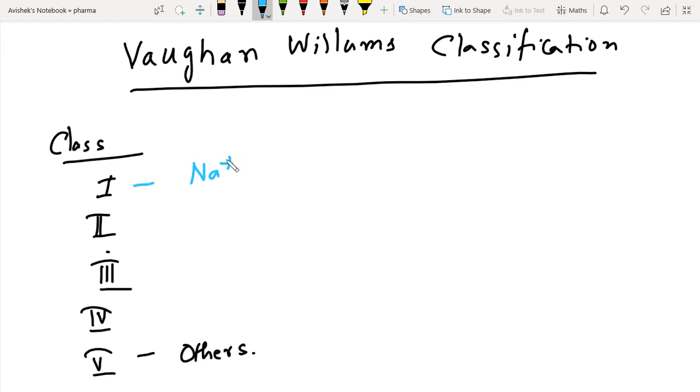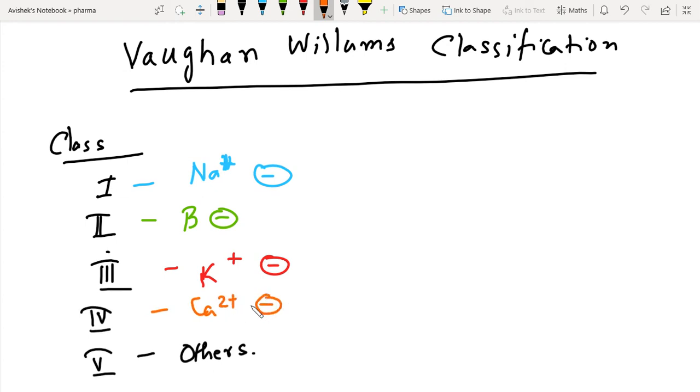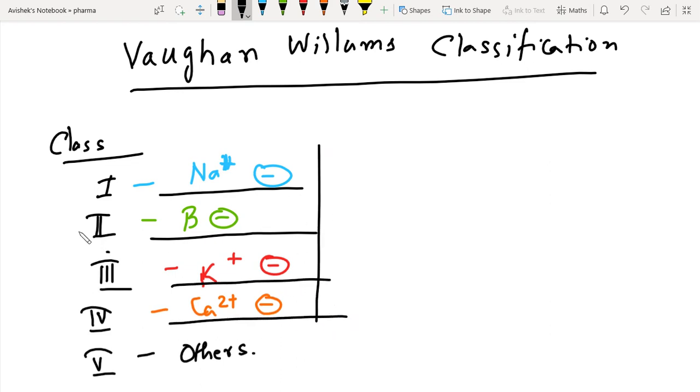First we can give sodium blockers. We can give beta blockers, give potassium blockers. You can give calcium blockers. Sodium blocker, beta blocker, potassium blocker, and calcium blockers.